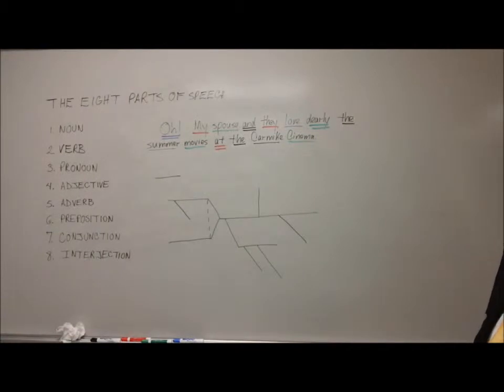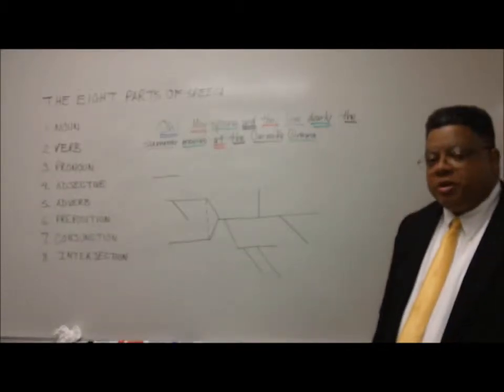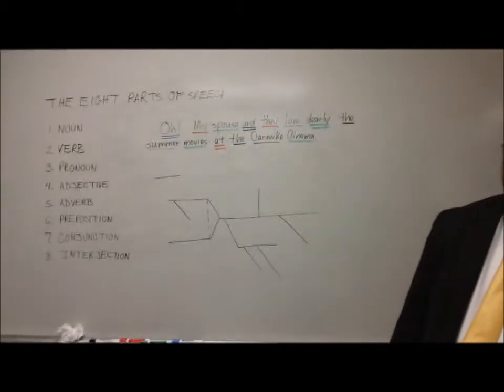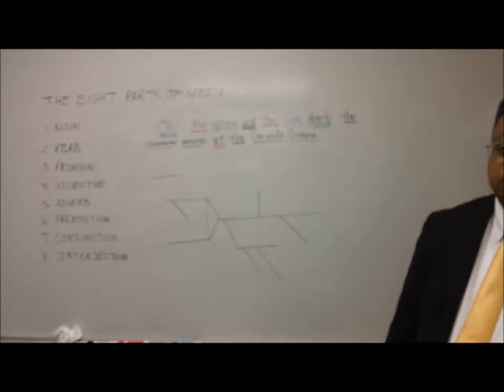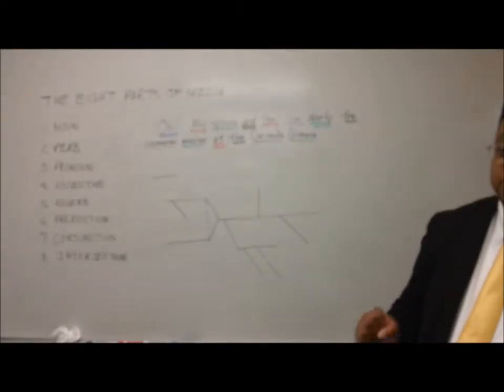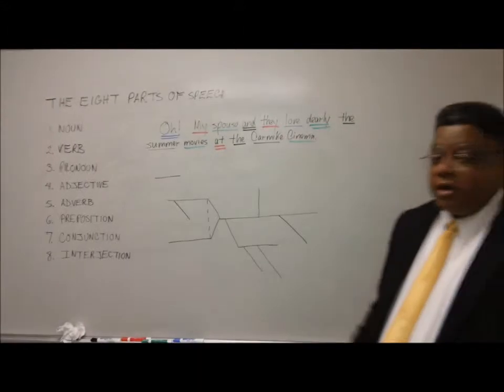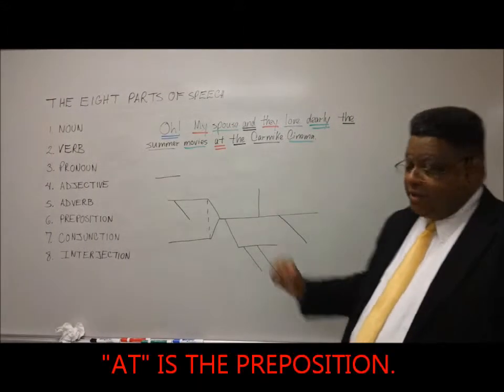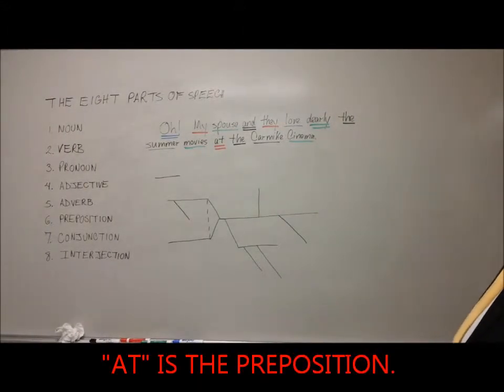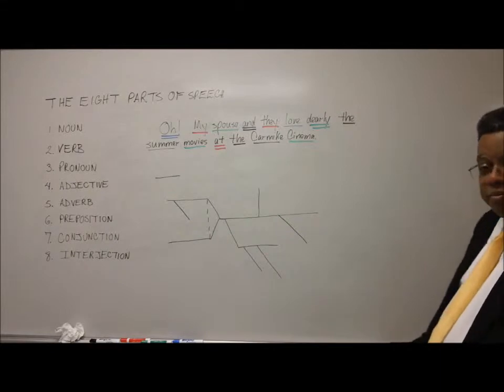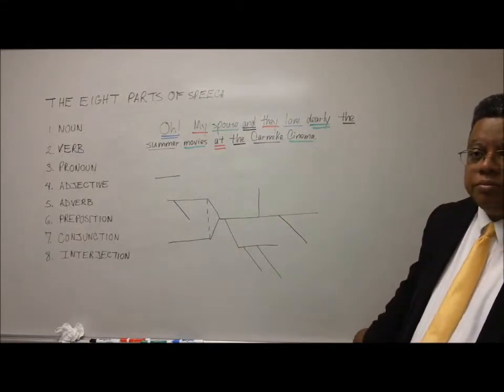Are there any prepositions in the sentence? How many are there? You were right. There's one preposition, underlined twice in red, the word at. Now, how many conjunctions are there? Just one, and it's underlined twice in black.